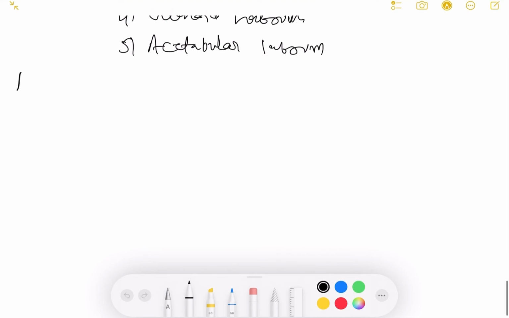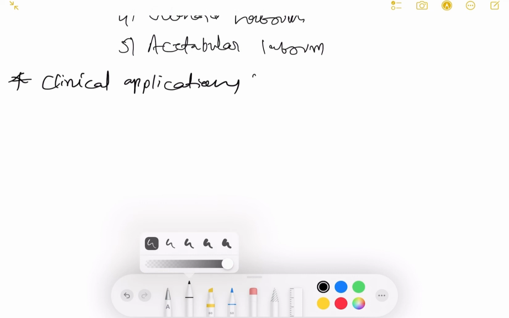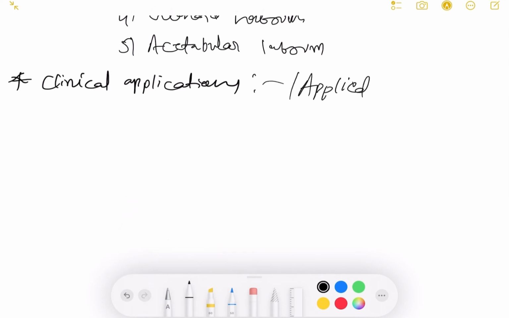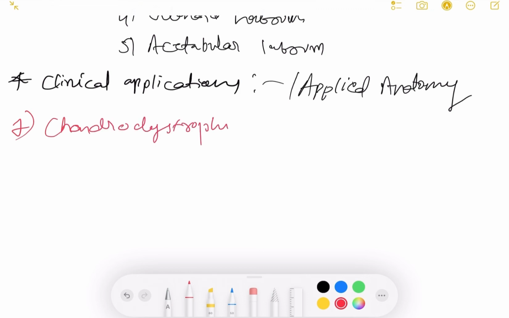Now, last topic, that is clinical applications, or you can say applied anatomy of cartilage. So first one is chondrodystrophies.